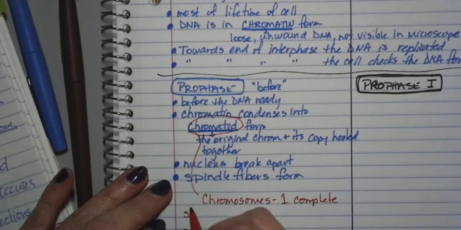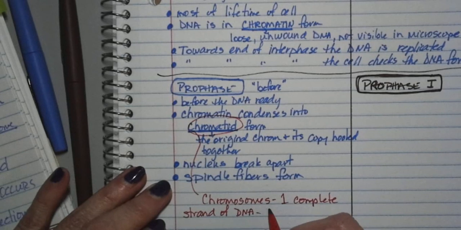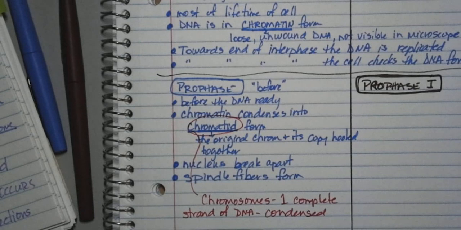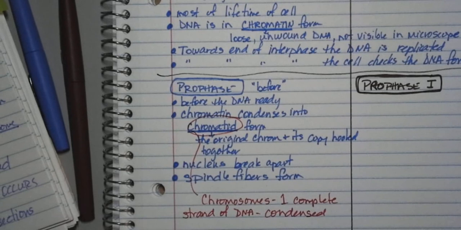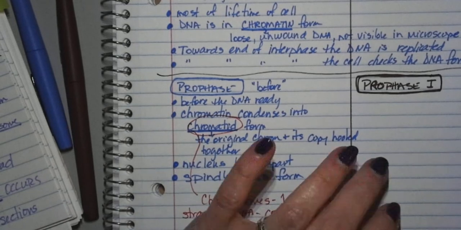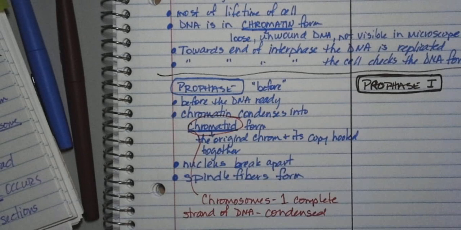So it's not the picture we see through the microscope, even though we slangily just call them chromosomes at that point. So there's a difference between what you're going to see in the microscope and what's actually a chromosome. I know it's kind of a stupid thing to say, but it's true. Okay? So one chromosome is one complete strand of DNA that's condensed down. So when I say you have 46 chromosomes, you have 2 of the number 1s, 2 of the number 2s. But when you see them in the microscope, you're seeing the original chromosome and its copy hooked together. You guys kind of following me on that? It's just a weird little thing.